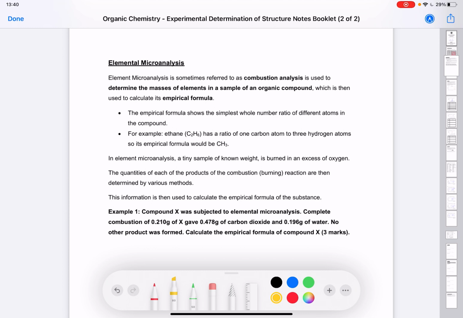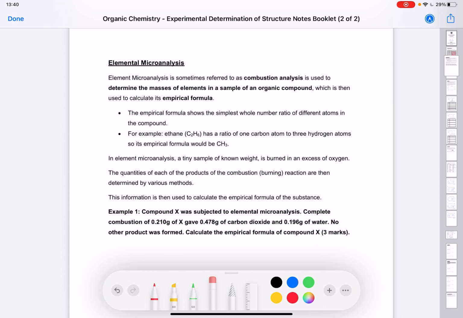It could be that your empirical formula was your molecular formula. So for example, if you were looking at methane, which is CH4, which is 1 carbon atom to 4 hydrogen atoms, its empirical formula would be CH4. So something to just bear in mind.